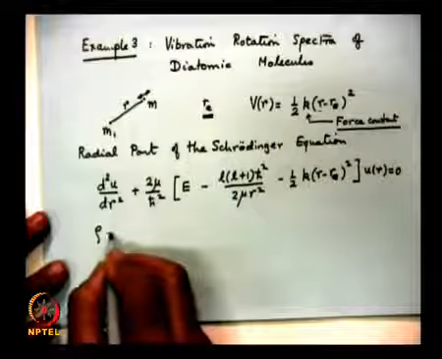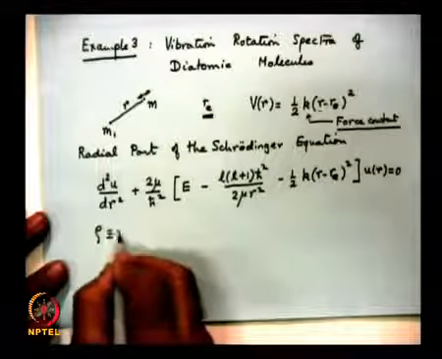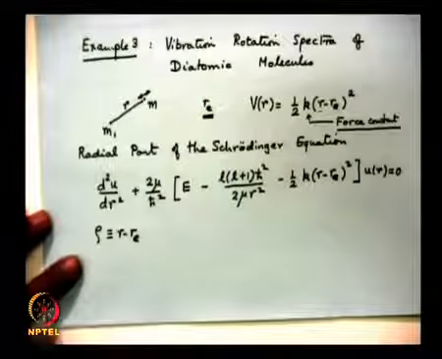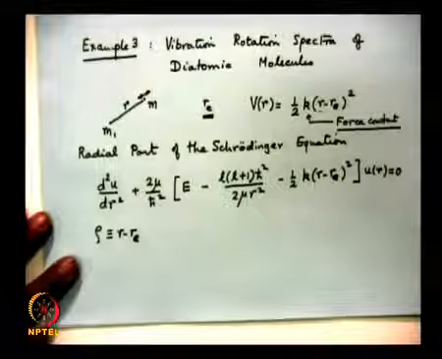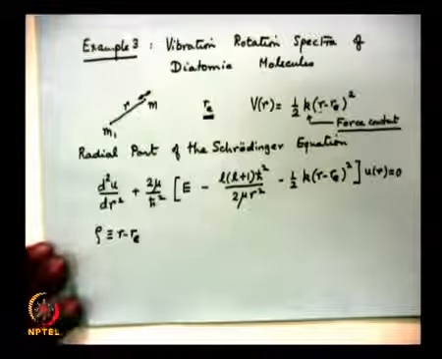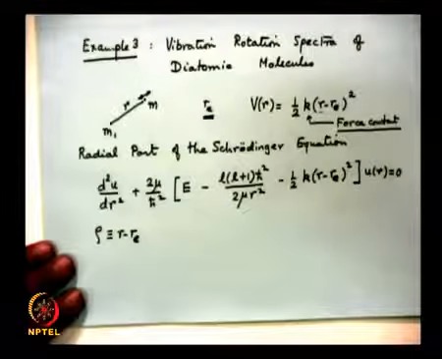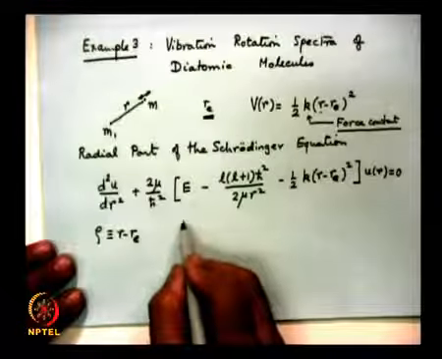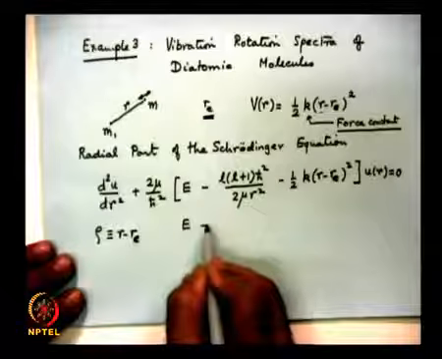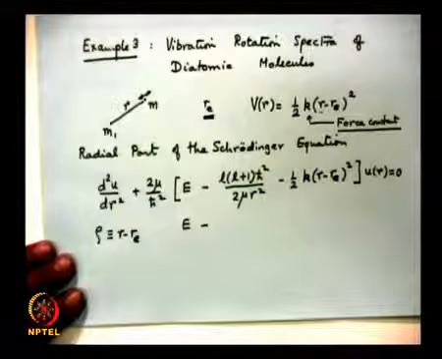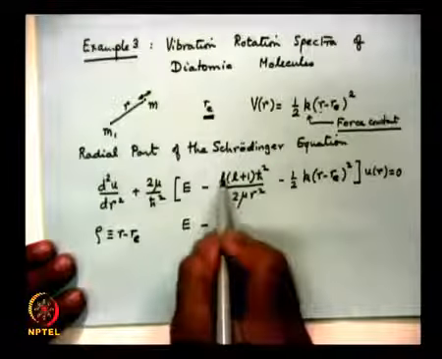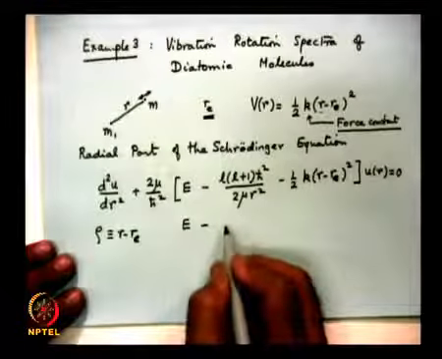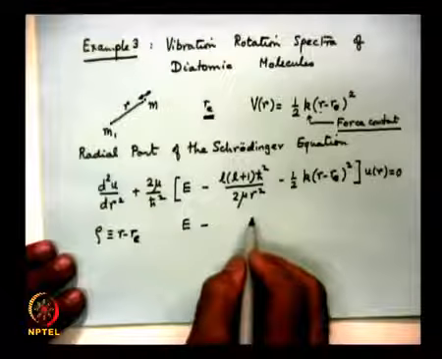introduce a variable rho which is defined to be equal to r minus Re. This is not the same rho as we had discussed in the hydrogen atom problem. This has the dimensions of length. So this term becomes E minus, in spectroscopy the angular momentum quantum number is written as J, it is just a convention.